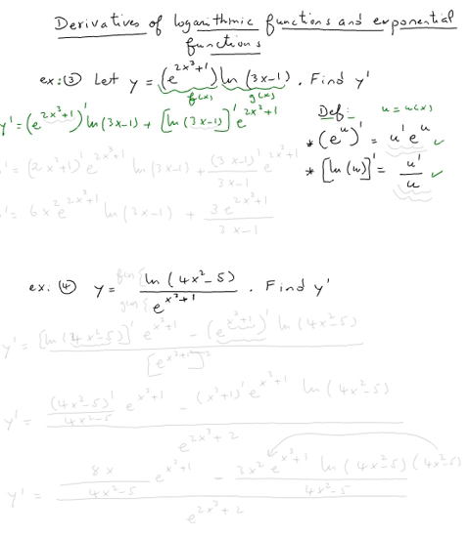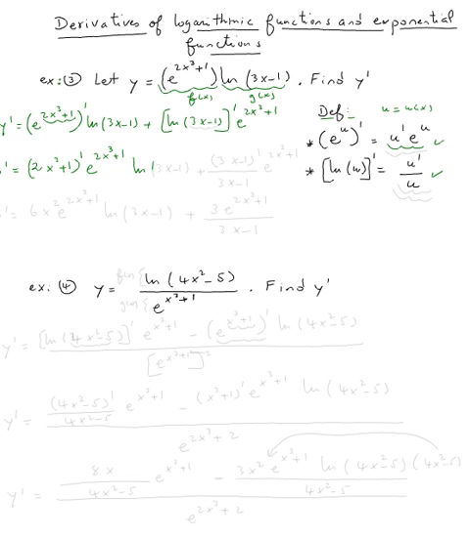That's the product rule. Now y prime is equal. Now we have to do the derivative of e to the u. So definition is right here. So u prime e to the u. So my u is x cubed plus 1. So derivative of u, which means derivative of x cubed plus 1 times e to the u, which is e to x cubed plus 1.